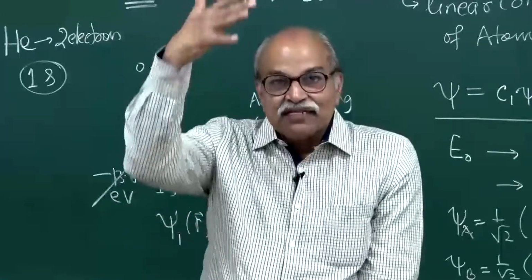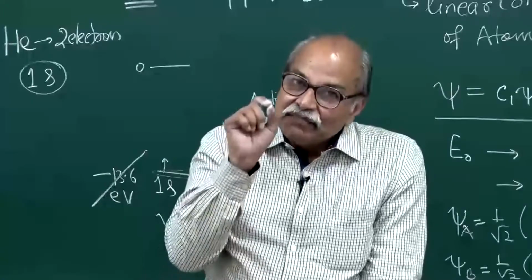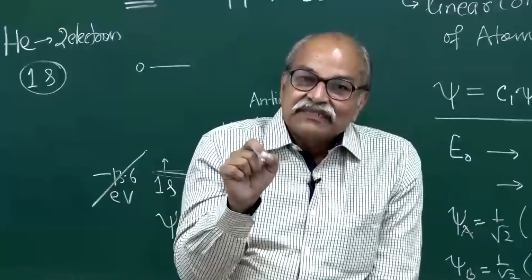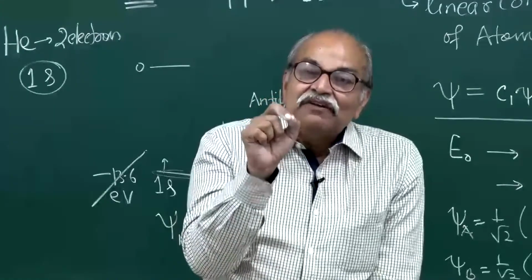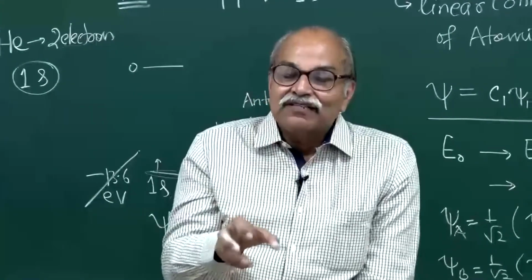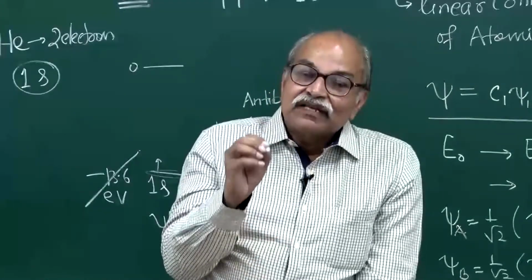And if you do that algebra, then also you get a similar result: depending on the momentum, depending on what value of momentum or wavelength is there in that wave function, you will have energies.